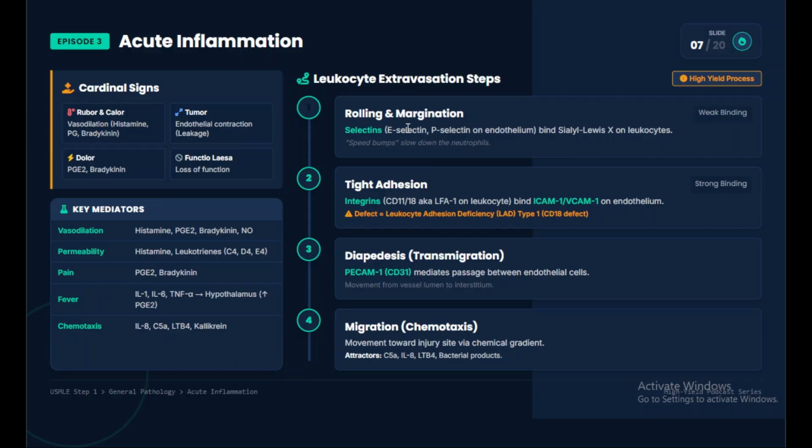The neutrophils slow down along the vessel wall, and this is mediated by these speed bumps, which are the selectins on the endothelium, E-selectin and P-selectin, and they bind to sialyl Lewis X on the leukocytes.